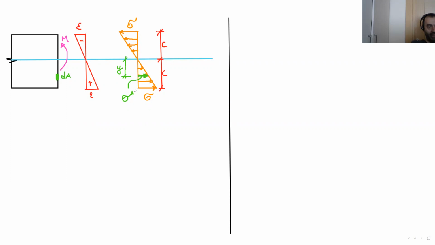If I know the area here, and if I know the strain distribution, I can draw the stress distribution, which is shown in orange here. dA is the green area on the left side. I can find the stress on this area.